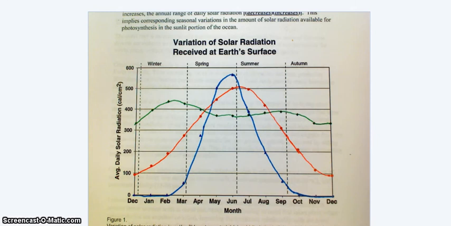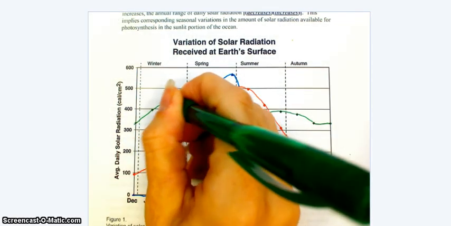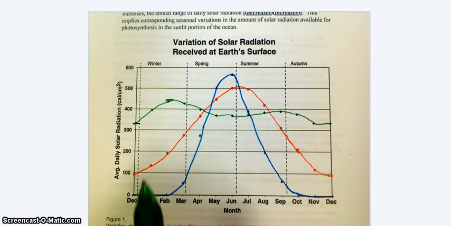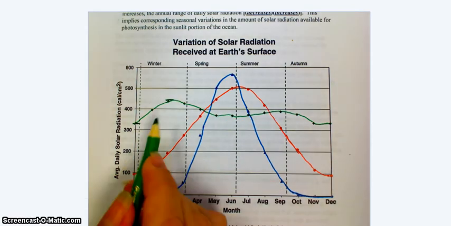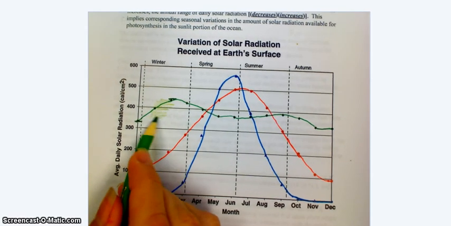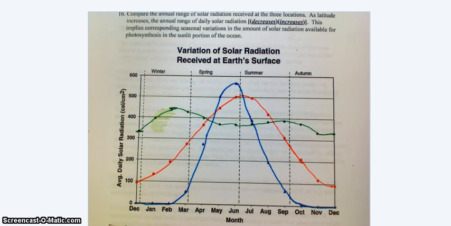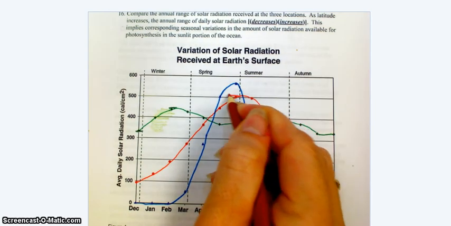Okay. On the green line, your highest value seems to be about here. Your lowest value seems to be about there. That's not a whole lot of change. Your red, the highest value seems to be about here.